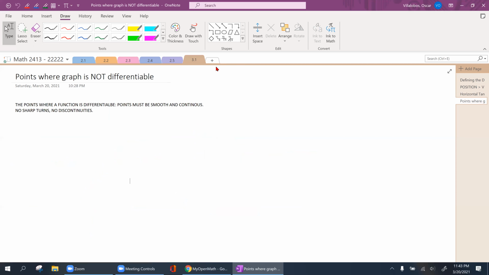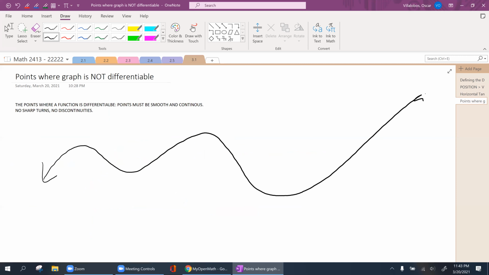In order for your graph to be differentiable, it must be smooth. Smooth is something wavy, like a wave, very serene. And it must be continuous, meaning there cannot be open dots, jumps, or infinite discontinuities.